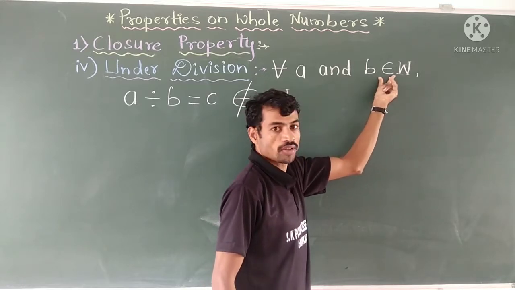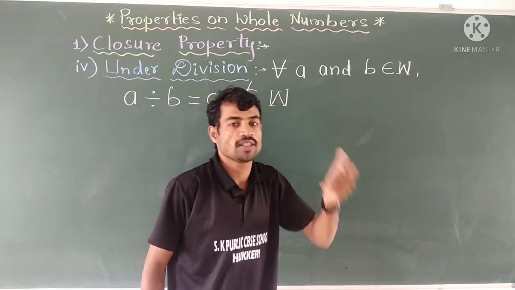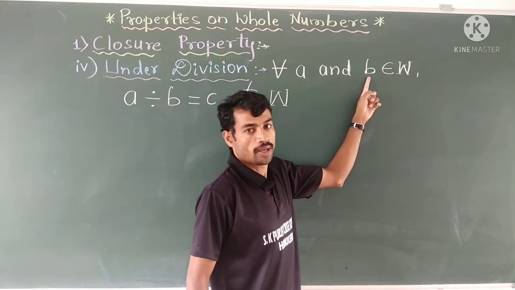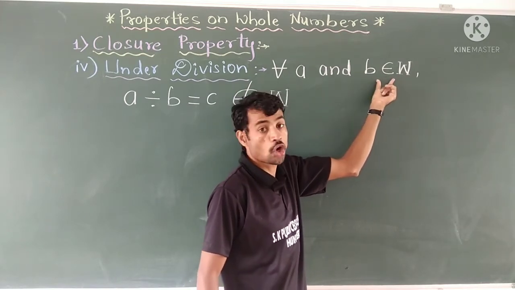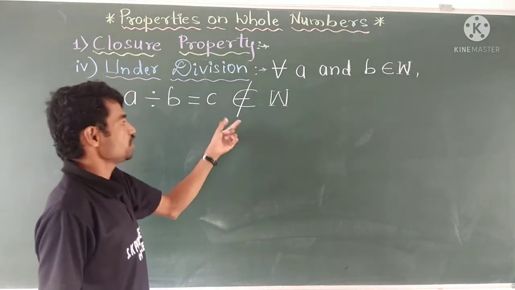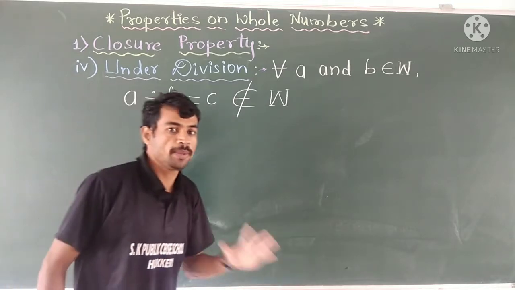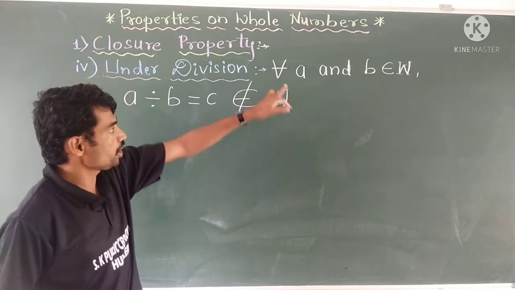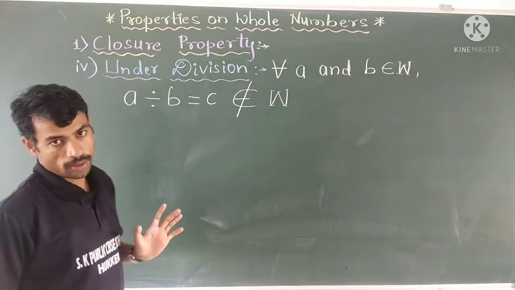This is the symbol used for belongs to. A and B are the numbers which are in the set of whole numbers, belongs to, and this is not belongs to. Whatever the C we get will not be present in the set of whole numbers when we take A and B as any whole numbers.